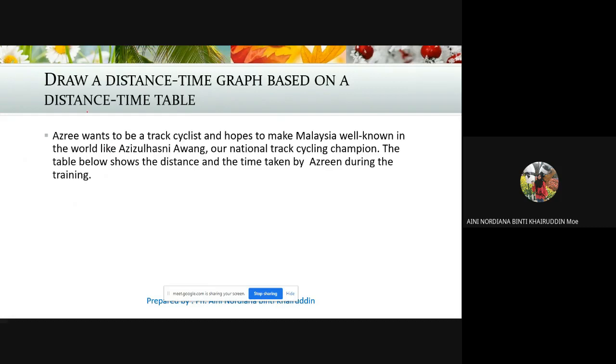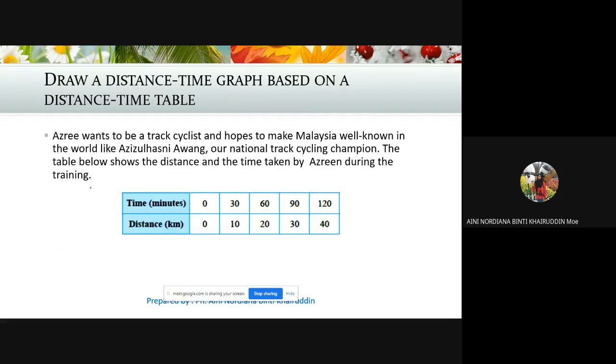So contoh, Azri wants to be a track cyclist and hopes to make Malaysia well known in the world like Azizul Husni Awang, our national track cycling champion. The table below shows the distance and the time taken by Azri during the training. So ni dia punya table lah. Dalam masa 30 minit, dia boleh cycle 10 km.